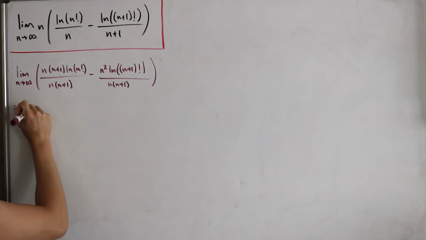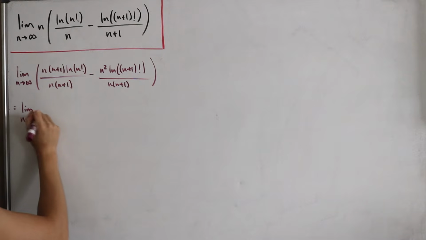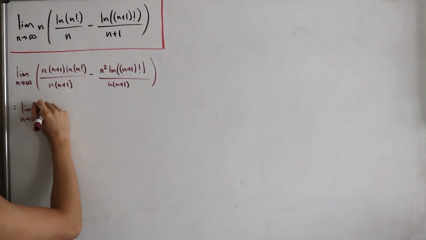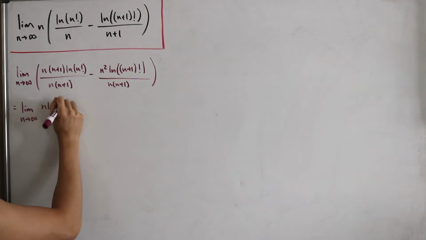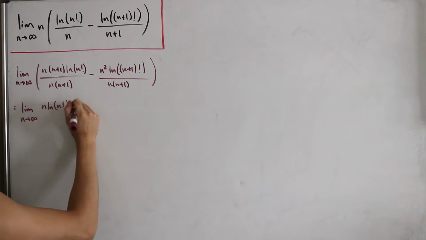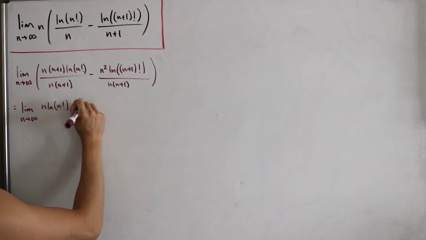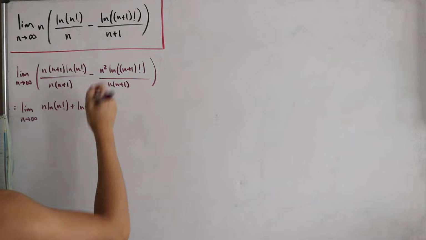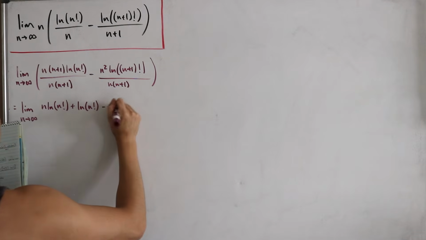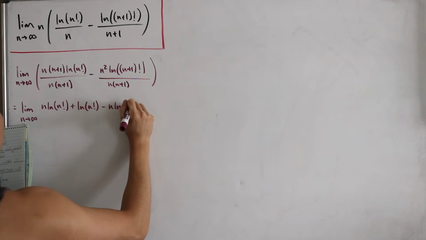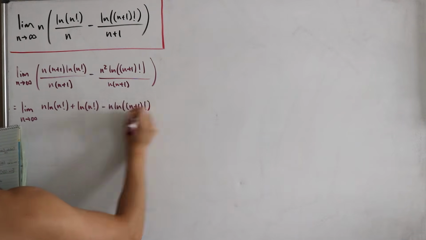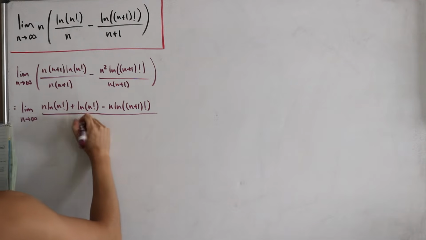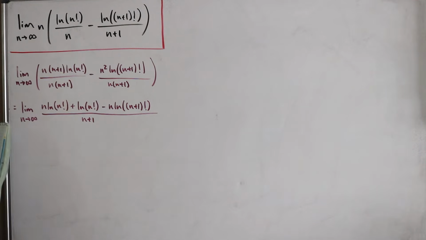So after applying this, I have the limit as n approaches infinity of n times the natural log of n factorial, plus the natural log of n factorial, and then subtract, so one of the n's will cancel, leaving n times the natural log of (n plus 1) factorial. All this, for our common denominator, is simply divided by n plus 1.